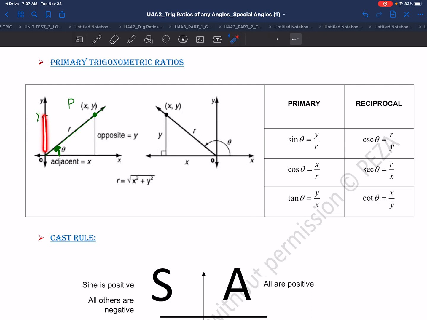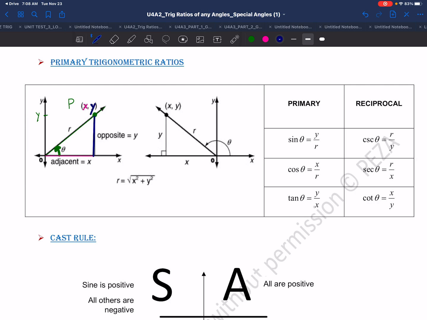So from here to here is y units long, which will be equal to this side of the triangle. So that would be y. So we have a right angle triangle here, as you can see, where we have one side x units and this other side, which is y units.